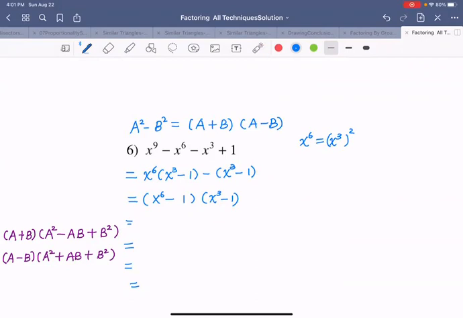So x cubed squared minus 1 will be x cubed plus 1 times x cubed minus 1. Does this make sense to you? Yeah. Okay, so we can write down here x cubed minus 1 times x cubed plus 1 times x cubed minus 1. Make sense?